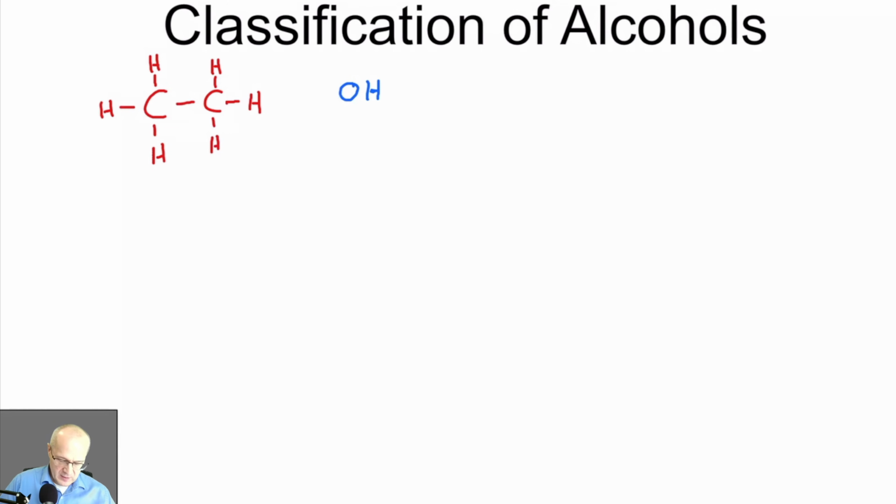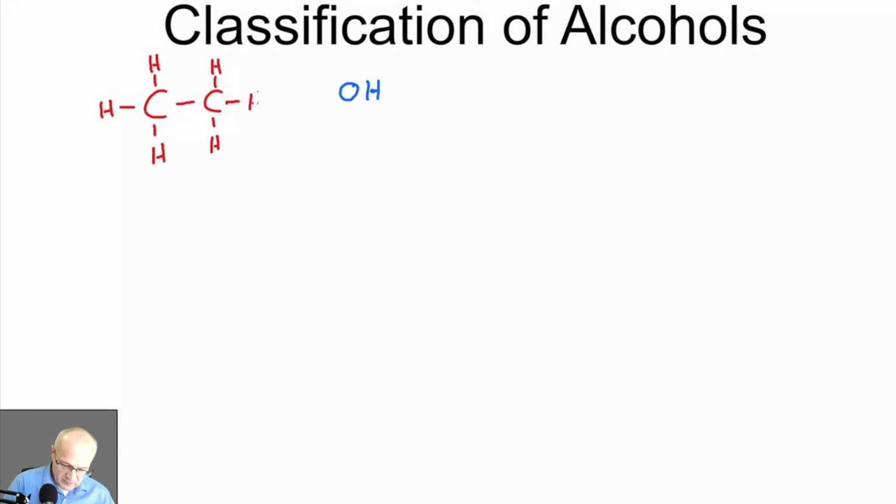No problem. So before I do that, if I were to ask you right now, is that carbon primary, secondary, or tertiary, you would all say primary. If you don't know why, there are other videos you can refer back to, or refer back to your notes, to find out why these are called primary carbons. So now, let's just take off this hydrogen right here.